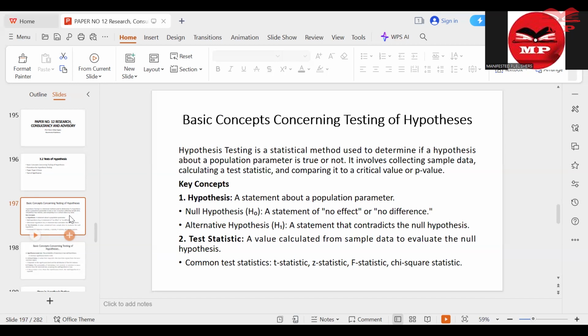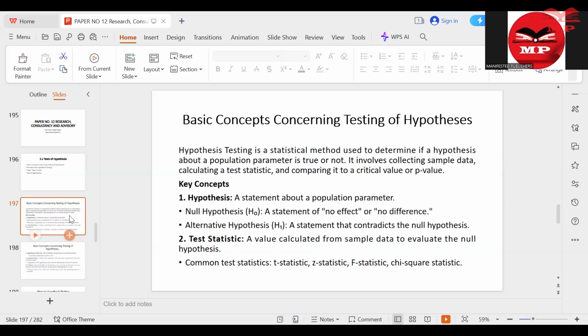The key concepts in testing of hypotheses include: 1, hypothesis. This is a statement about a population parameter. It may be null hypothesis, H0, a statement of no effect or no difference, or it may be alternative hypothesis, H1, a statement that contradicts the null hypothesis.